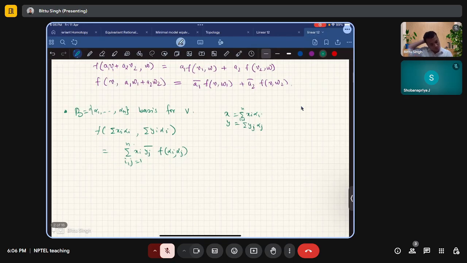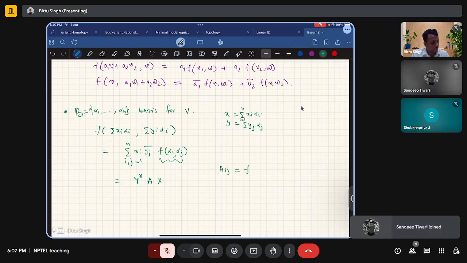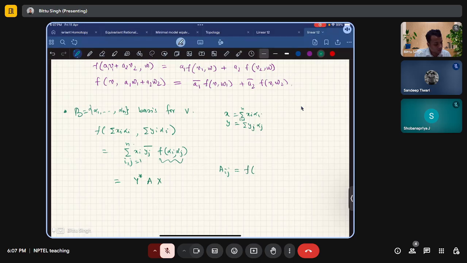Therefore, any such form has a matrix representation. It can be written as y star A x, where the ij-th component of this matrix is f of alpha j comma alpha i. So if we write A ij, this will be f of alpha j alpha i.